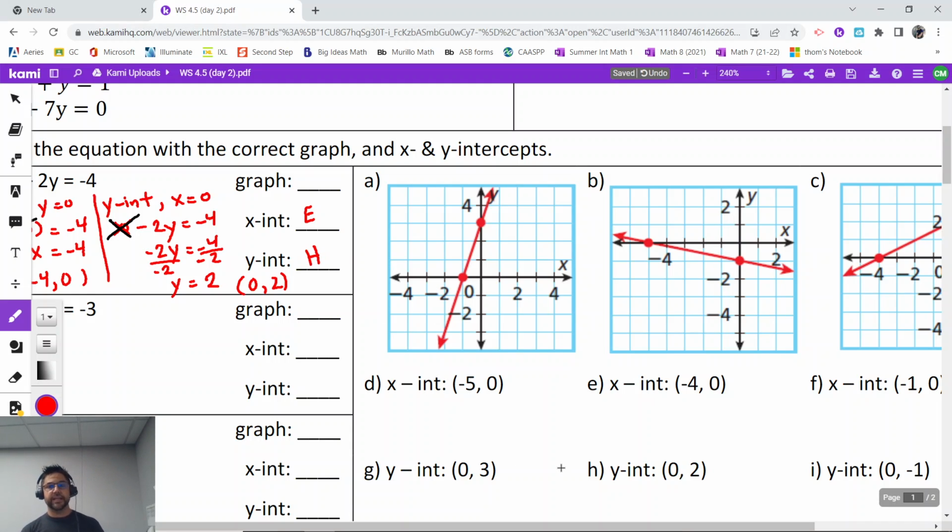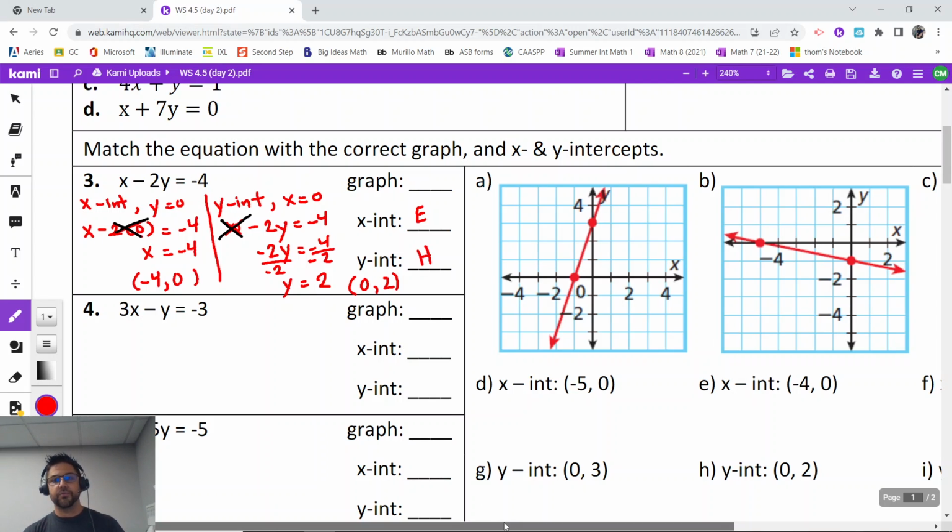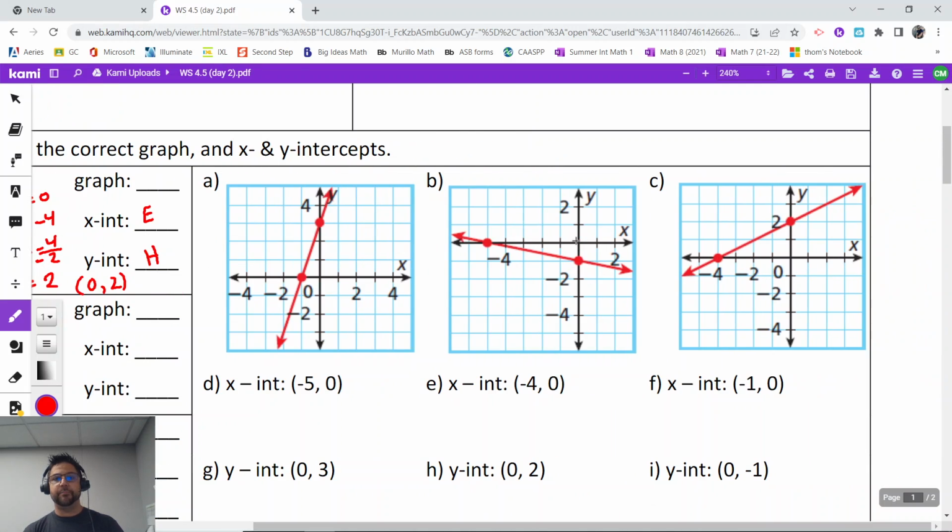All right, so the question is, looking at the graphs that are already premade, which graph has an x-intercept of negative 4, 0 and a y-intercept of 0, 2? Now, if you notice, graph A does not have an x-intercept of negative 4, 0, because that would be way over here. So we're going to skip graph A. Graph B does have an x-intercept of negative 4, but so does graph C. So the small difference there again is the y-intercept.